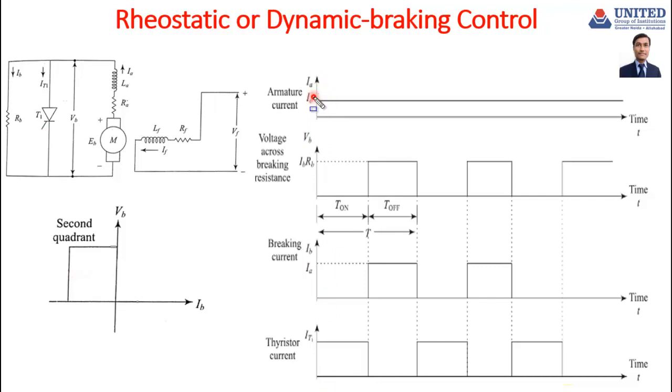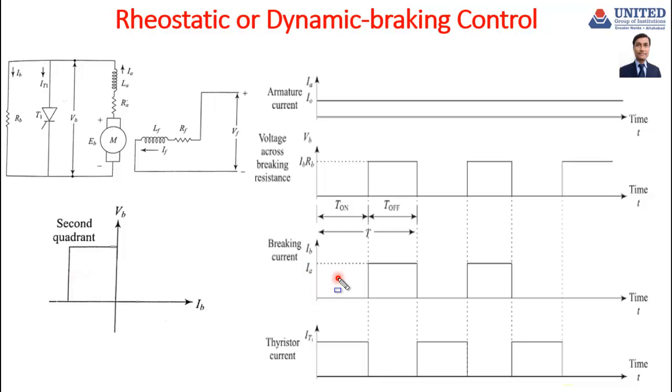Here we see that this waveform is the armature current waveform, which is assumed here constant and ripple free, and this waveform is the voltage across braking resistance. From this waveform we see that during the turn on time the voltage across braking resistance is equal to 0, and during turn off time we get the IaRB value. This is the braking current waveform.